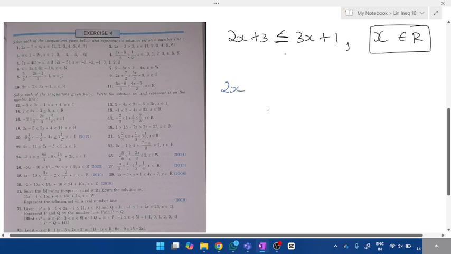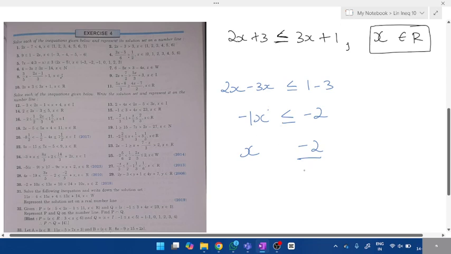So 3x goes to the other side, minus 3x, and plus 3 goes to the other side, minus 3. After this, what's the next step? Minus 1x less than or equal to minus 2. Now we have to divide by minus 1. So will the sign change or remain as it is?